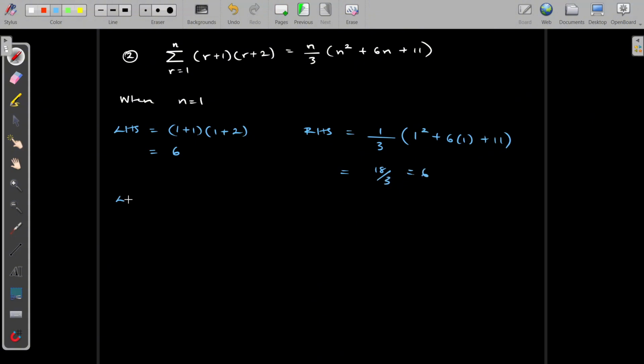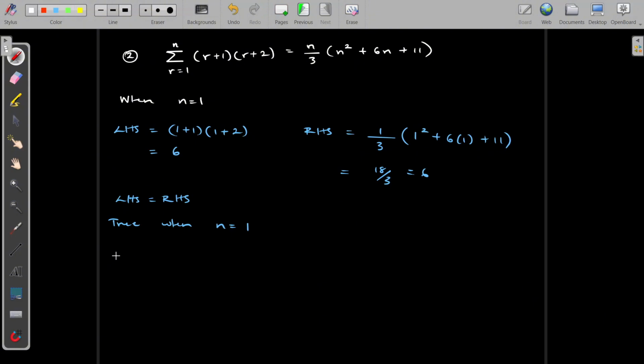So left hand side is equal to right hand side. So true when n is equal to 1. So that's our basis step.